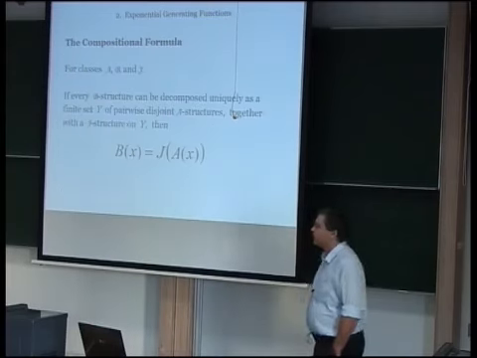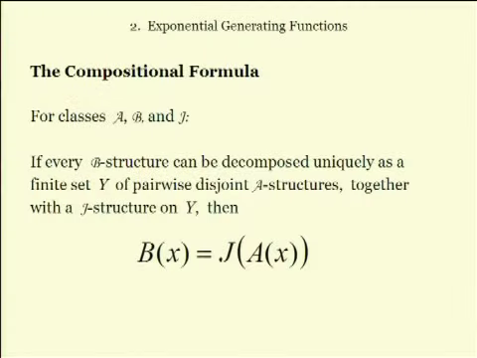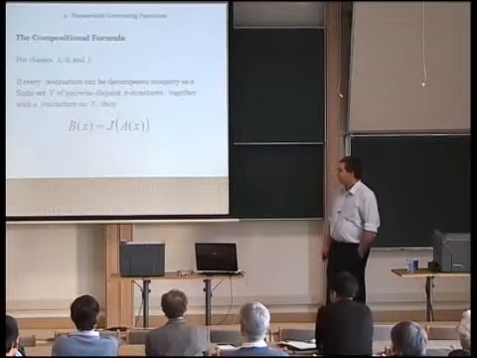Well, the exponential formula is the first special case of this more general formula, which I'll illustrate in a moment with something we've seen. So for classes A, B, and J, if every B structure can be decomposed uniquely as a finite set of pairwise disjoint A structures together with a J structure on that set, then you get this functional composition formula for exponential generating functions.